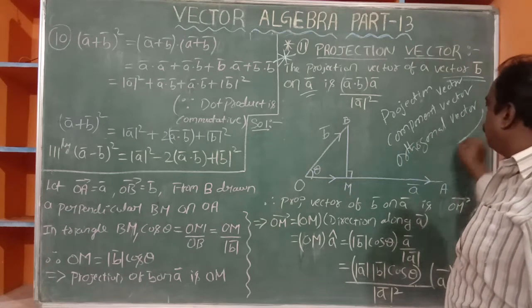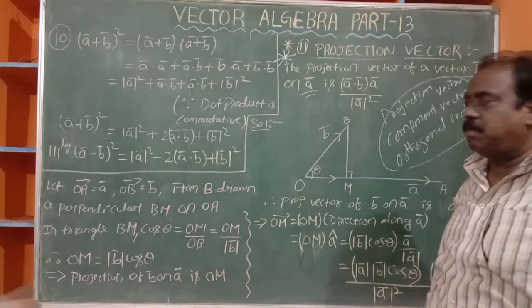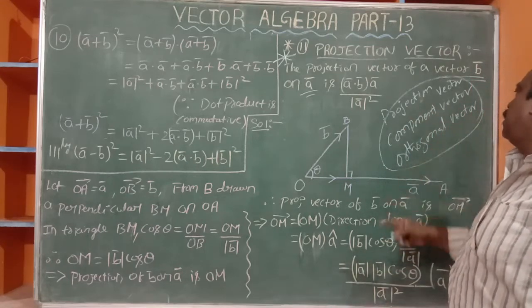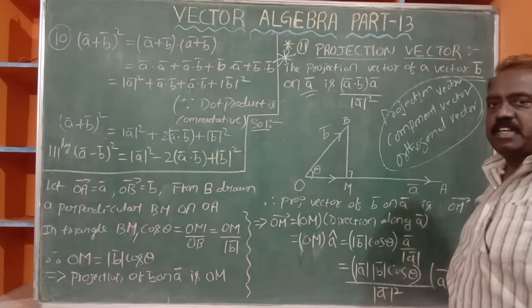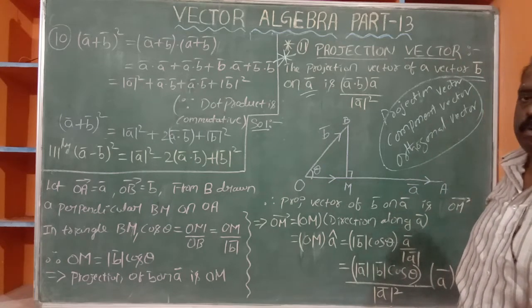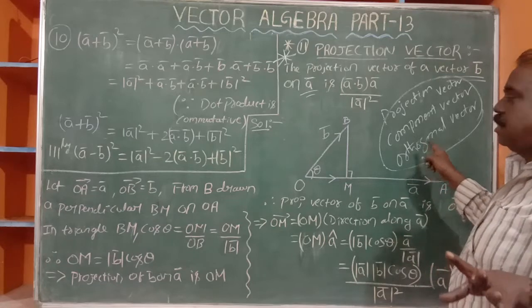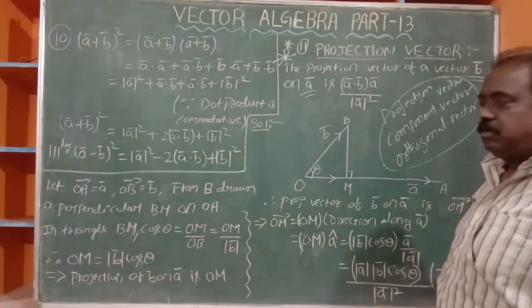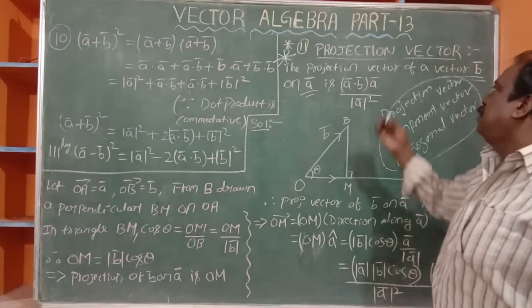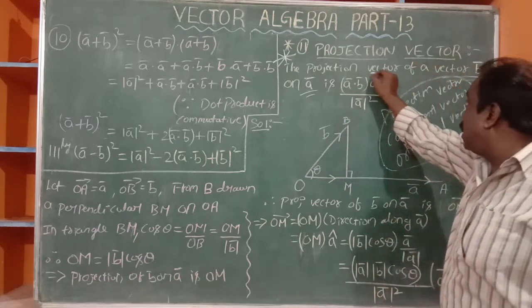All are the same. Be careful. Some textbooks say projection vector or component vector, even orthogonal projection is used, or orthogonal projection vector or simply orthogonal vector. Mainly these two will come. This is important.